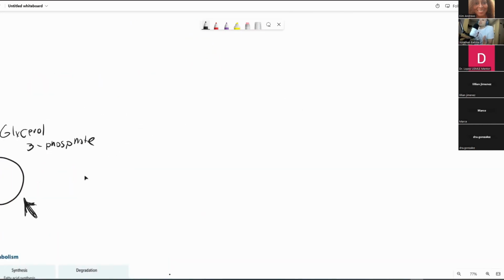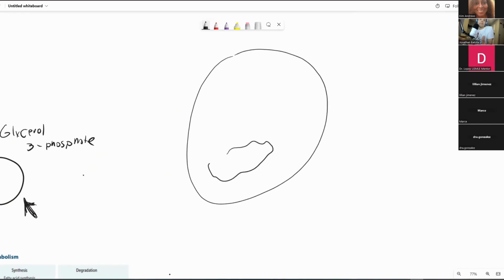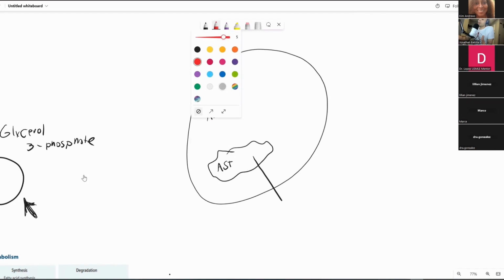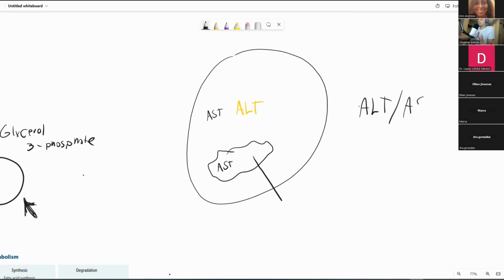So guess what happens? When we look at the liver, let's say here we have mitochondria. Mitochondria has AST in the mitochondria, and it also has AST in the cytoplasm. But we have an abundance of ALT in the cytoplasm. So if you look at your LFTs, your liver functioning enzymes, you're going to see an increase, more ALT than AST.